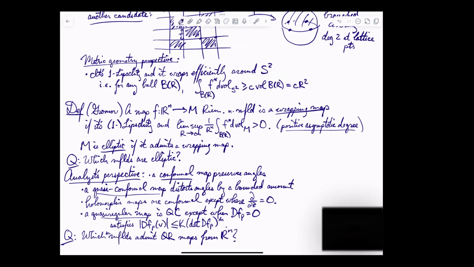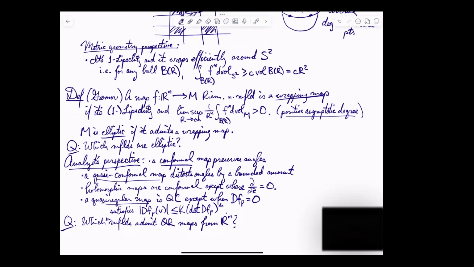In analogy with Gromov's definition, I think this terminology is due to Bonk and Heinonen. They called such manifolds quasi-regularly elliptic.